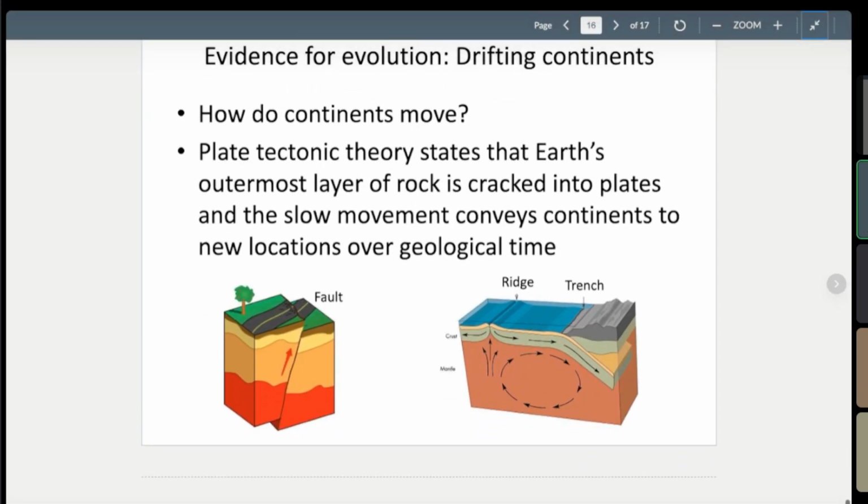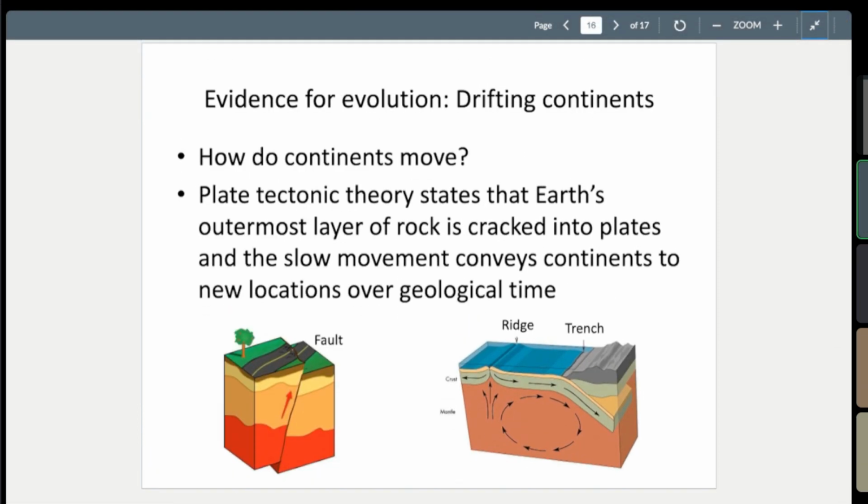So, how do continents move? We move from human beings and animals to the Earth itself. Plate tectonic theory states that Earth's outermost layer of rock is cracked into plates that slowly move, and the slow movement conveys continents to new locations over geological time. So you have the fault. This is the way that tectonic plates can shift, but this is a better way of showing it.